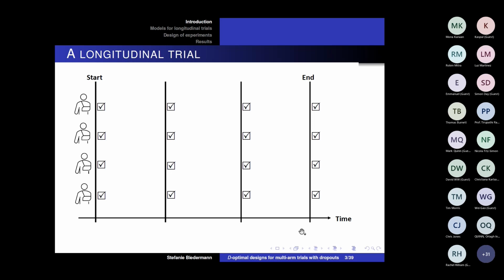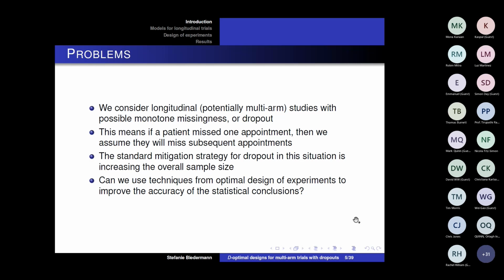So that's the ideal case for the trial, but in reality what we usually experience is that at the end of the trial we will not get responses from all patients, and even at some of the intermediate time points we might have dropout already.